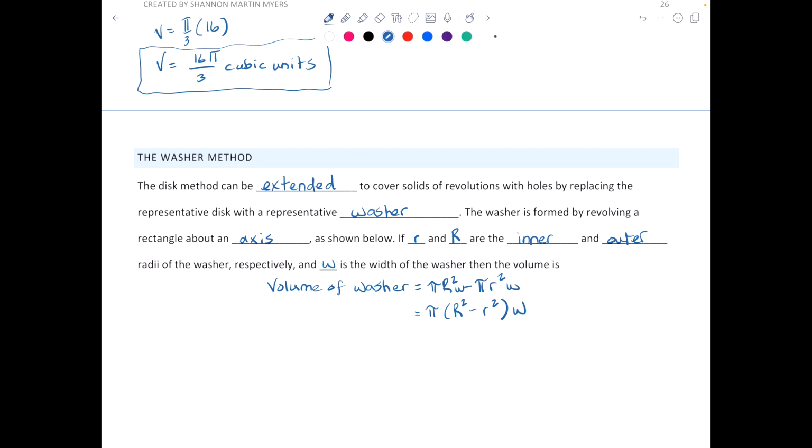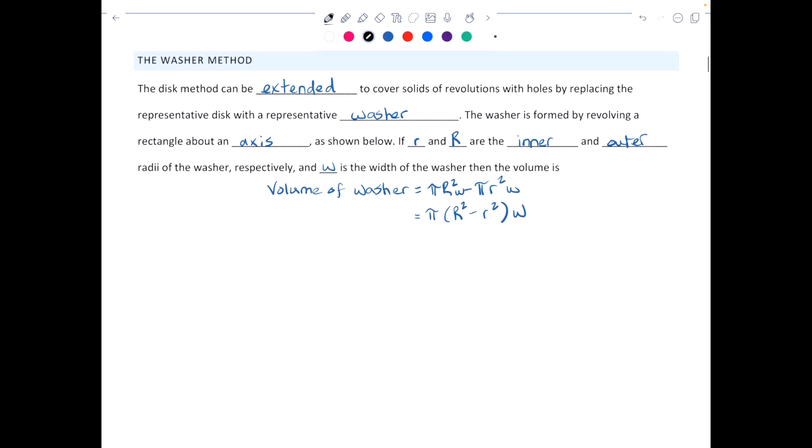So what we'll do, again, is we'll take a look at a picture, right? That's always nice to do. So you've got your axis of revolution again, and then you've got your representative rectangle. This time it's floating, all right?